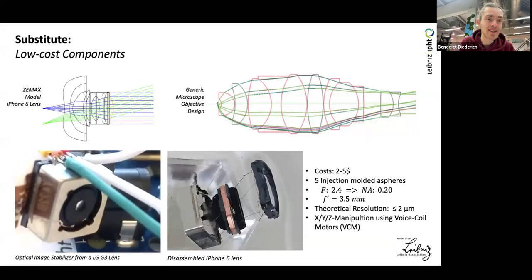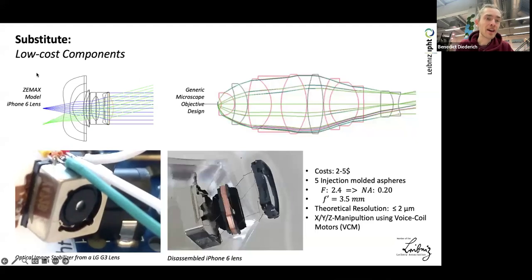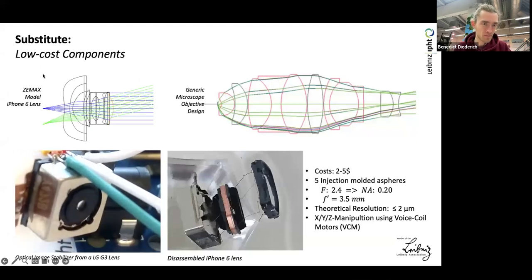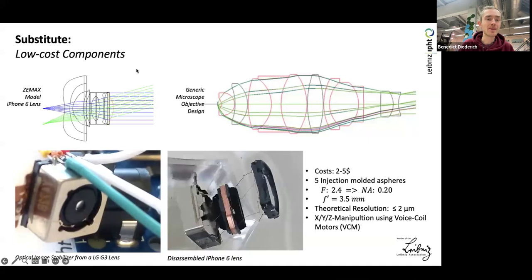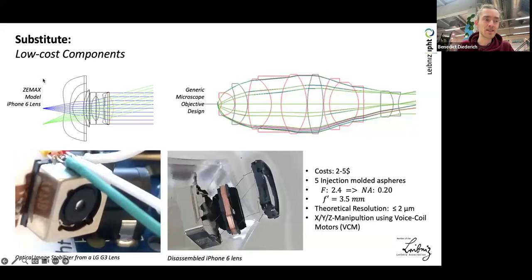What's also insane is, on the left-hand side, the camera lenses in your cell phone. They have the same optical quality, and what's bizarre is that the lenses we just saw were spherical lenses, just an ordinary curvature, while these are almost freeform.